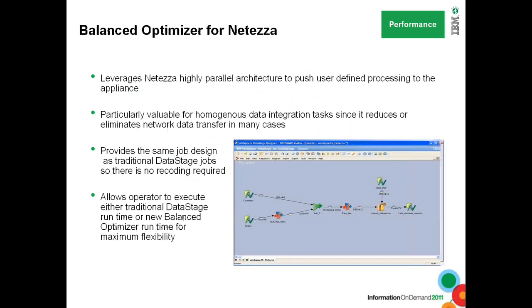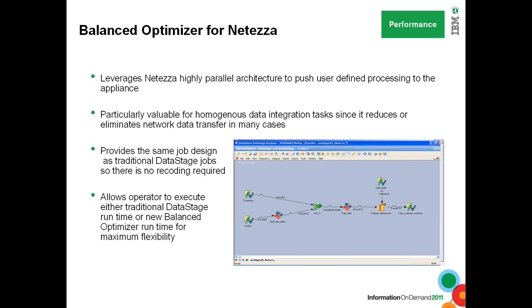Right. So moving on to the next one. This is again alluding to the Balanced Optimizer. We have provided the Balanced Optimizer for Netezza. Balanced Optimizer, as you all know from a DataStage standpoint, is its ELT feature, where you can push certain processing to the source or the target, and in this case that would be Netezza.